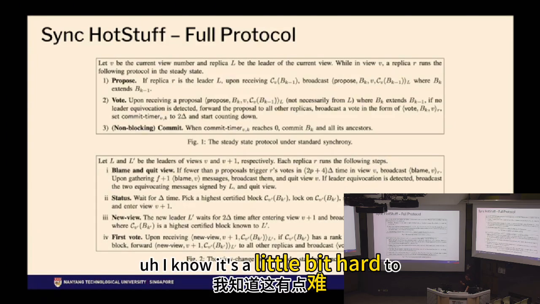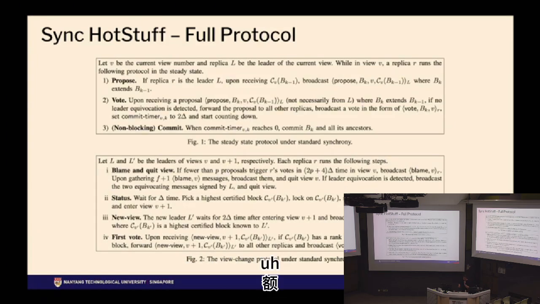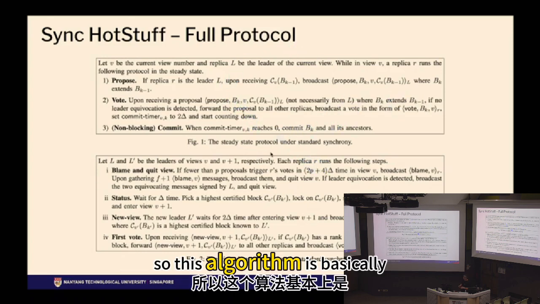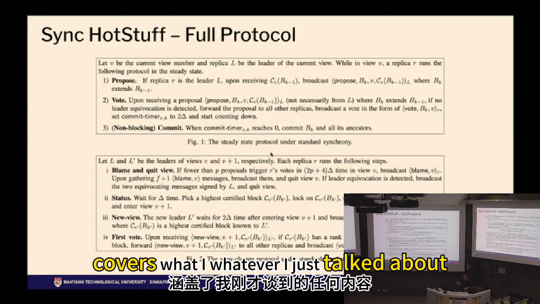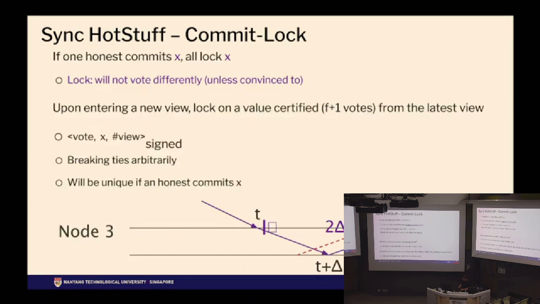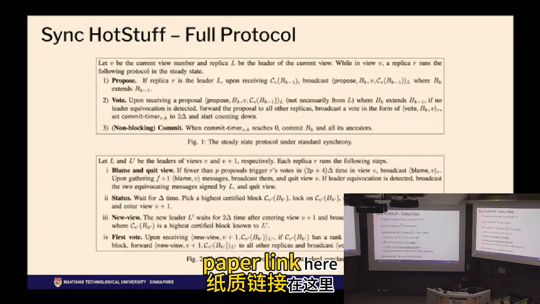I know it's a little bit hard to understand, but if you have time, I want you to go through this algorithm. This algorithm basically covers whatever I just talked about.